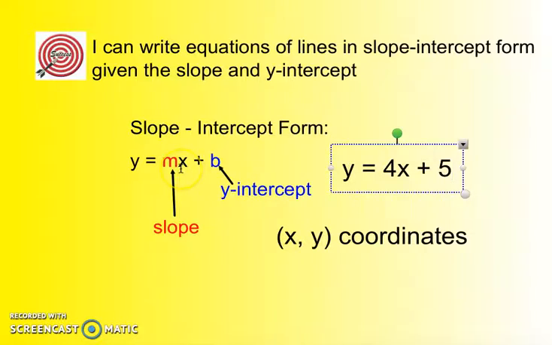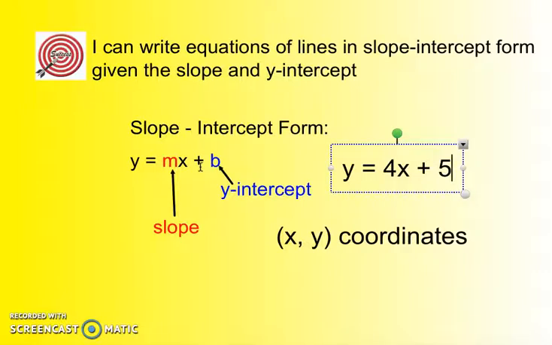Slope-intercept form is written as y equals some number times x plus some number. Sometimes it's not plus, though; sometimes it could be minus.